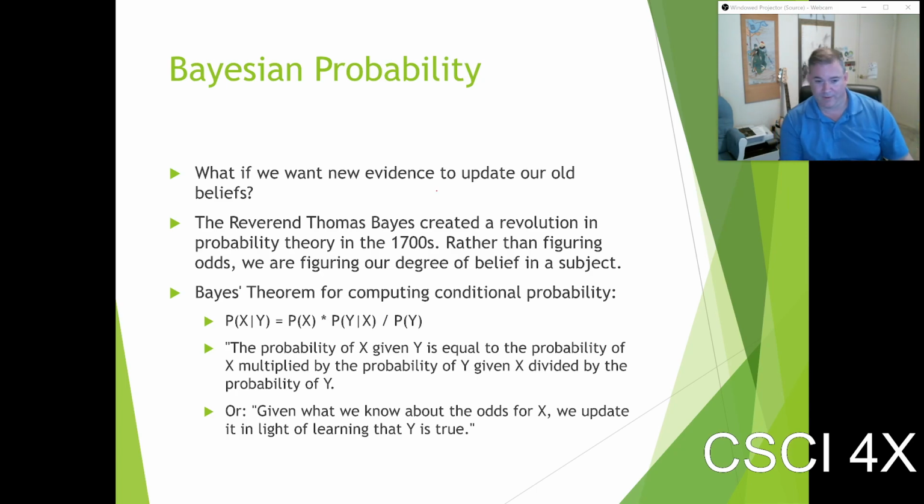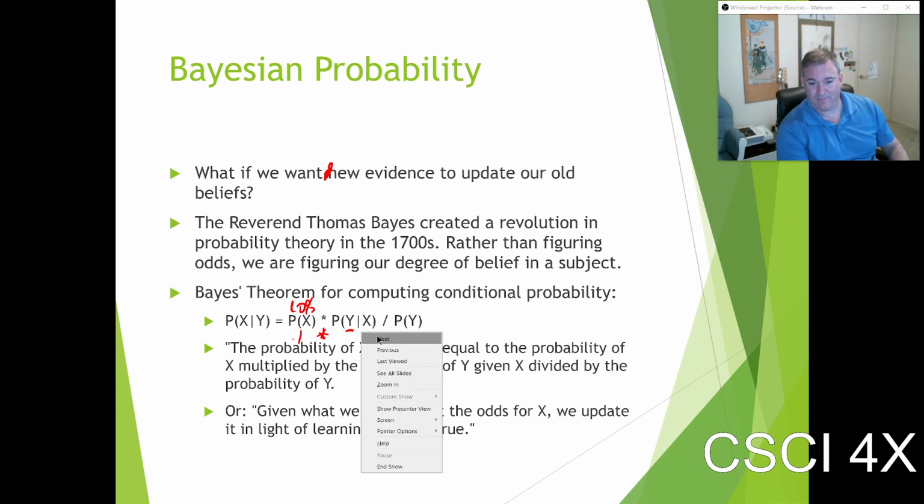So what you do is you take your prior probability. Our prior probability would be, what did I say, 10%? Okay. 10%, 0.1. And you multiply it by what is the probability that we would find a bloody glove that matches his size if he was the murderer, divided by what are the odds we would find a bloody glove at all.